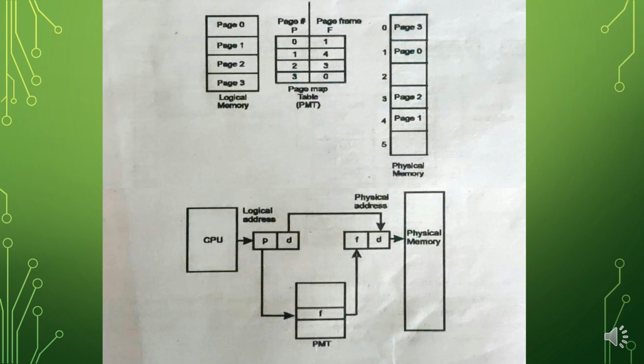So you have two parts, as I said, page number and the displacement. The memory management unit of the operating system needs to convert this page number to the frame number. So it will go and search the PMT to see in which frame this particular page is located. As soon as that index is generated, you will get a new physical address with frame number and displacement.